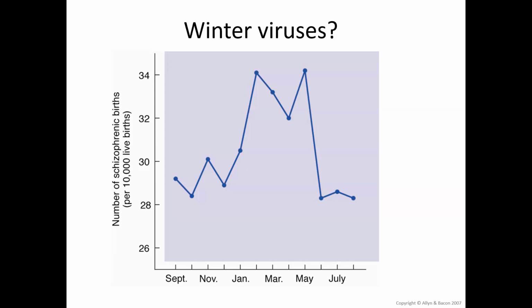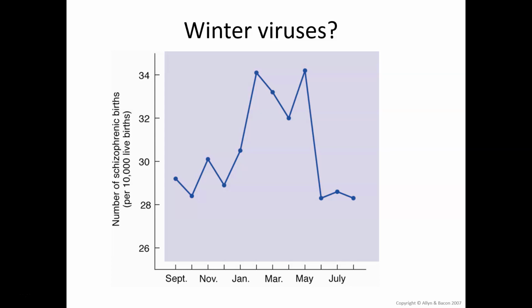One of the other things that we find that might predispose you to schizophrenia, even more common than winter births, is if you grew up in an urban setting compared to a rural setting. Part of the reason for that is that if you're in a larger population, you have greater likelihood of picking up a virus.